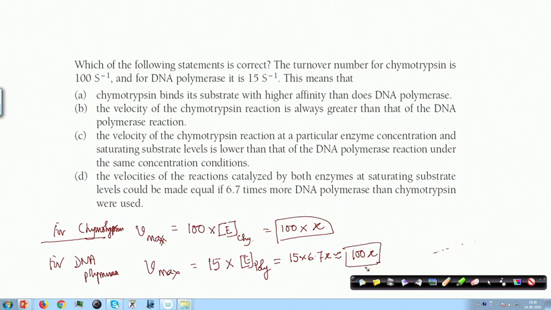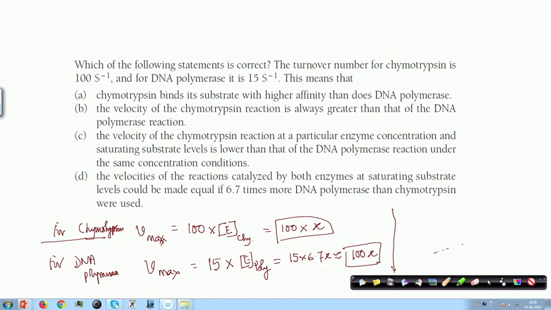That means, the velocities of the reactions at saturating substrate levels could be made equal, they are made equal, provided you use 6.7 times more enzyme concentration in case of DNA polymerase as compared to the chymotrypsin. Okay. So, just on the basis of turnover number, you cannot really say that the reaction will always be faster.